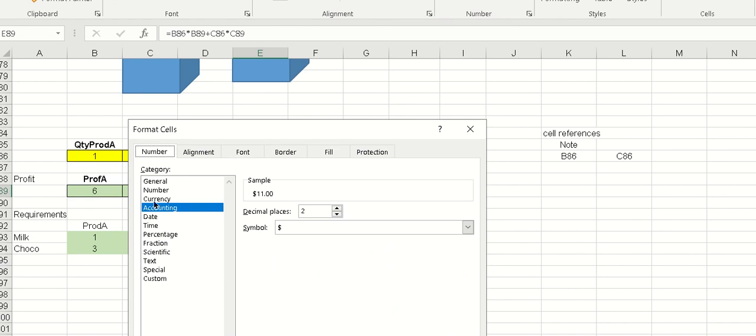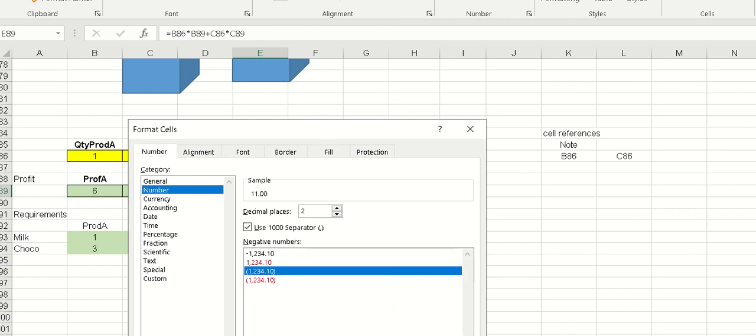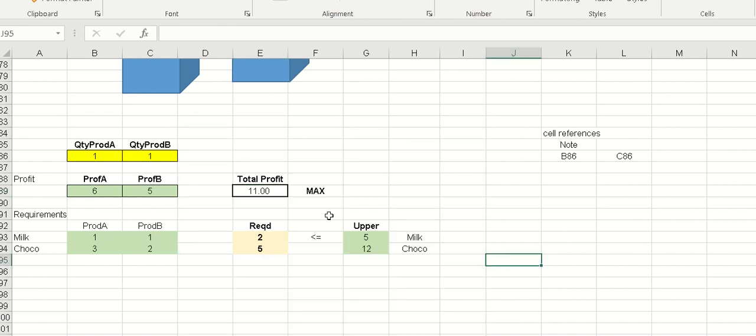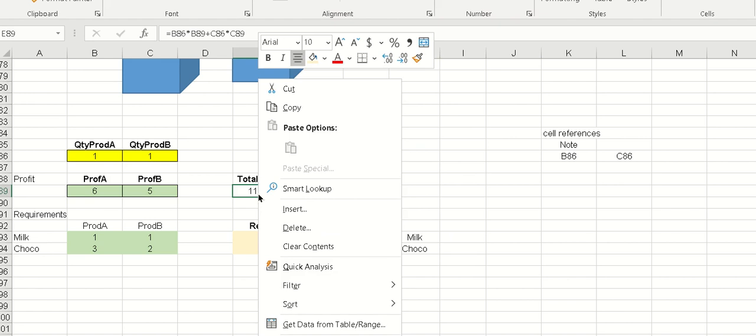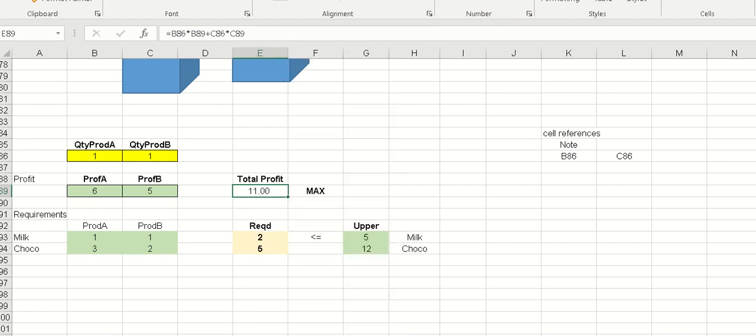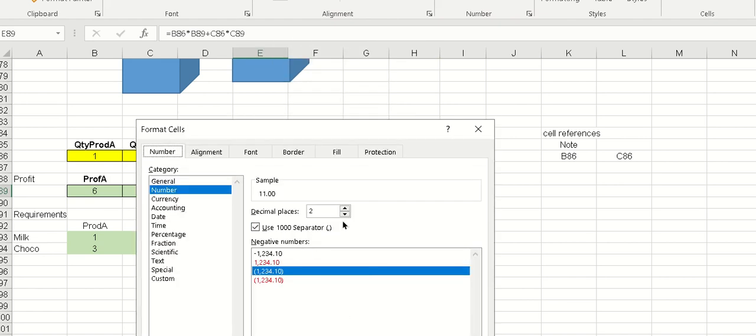I'm going to remove the, yeah. Okay, so it's 11. No need for the zeros. I like this. Decimal 0.